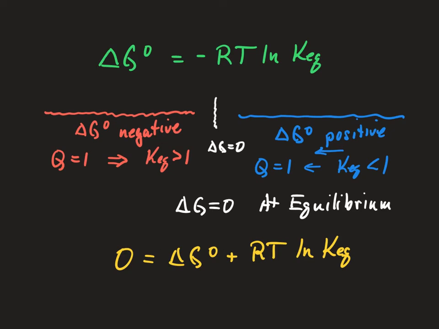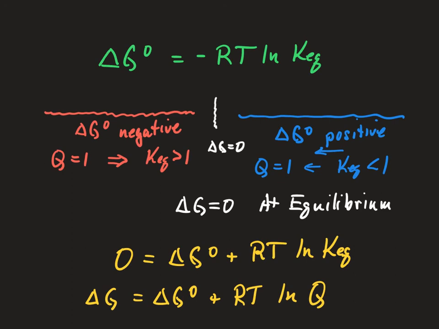That is, when Q is equal to the equilibrium constant, this term offsets that term and makes delta G 0, right? But now we can go back and use this, right? If we're not at equilibrium, then the delta G is equal to the delta G0 plus RT times the natural log of Q, right?